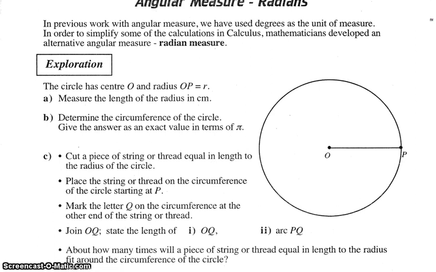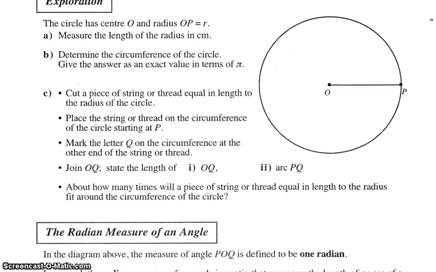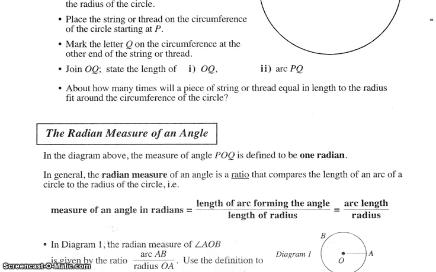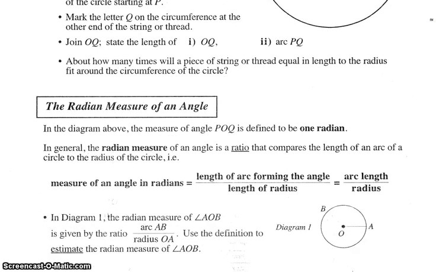We're going to skip the exploration part and cut to what a radian is. Really, a radian is a measure of an angle. One radian is when the arc length of a circle equals the length of the radius, and it's the angle enclosed by that.